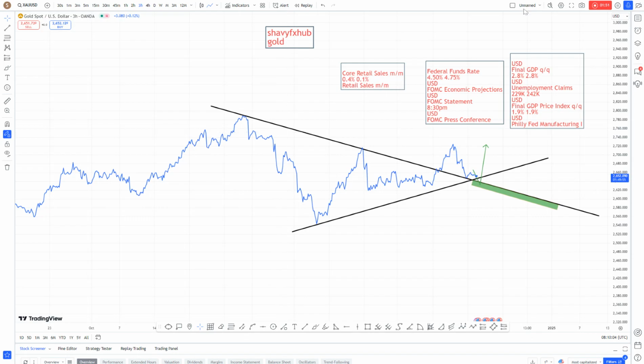Why does this matter? The core retail sales are important to us because it looks at the values of sales outside automobiles, the retail sales outside automobiles, which are also the primary gauge of consumer spending. These are facts that the Fed will have to use and look at critically.